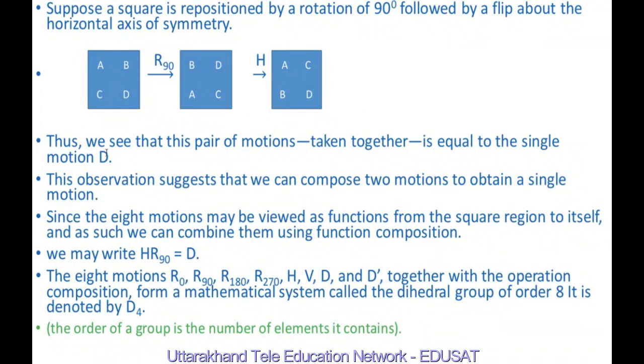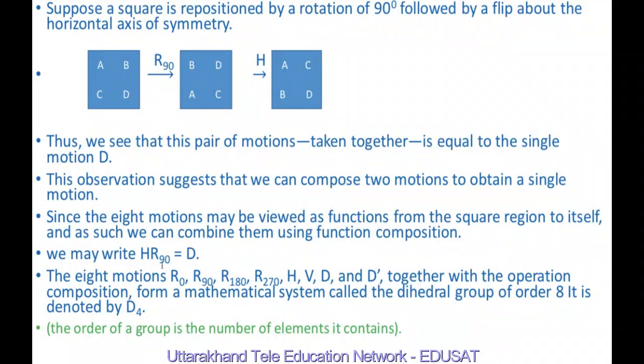Since the 8 motions may be viewed as functions from a square region to itself, we can combine them using function composition, and we may write HR90 equal to D. Here H means flip around the horizontal axis, R90 means rotation by 90 degrees, and D means flip around the main diagonal.